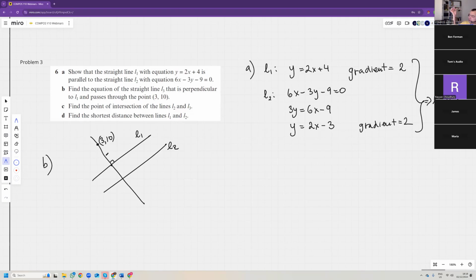So if you know the gradient and a single point on the line, you know the line. The gradient of the perpendicular is the negative reciprocal, correct? So if the gradient of these lines is 2, the gradient of this line, m3, is the negative reciprocal, so it's minus 1/2.